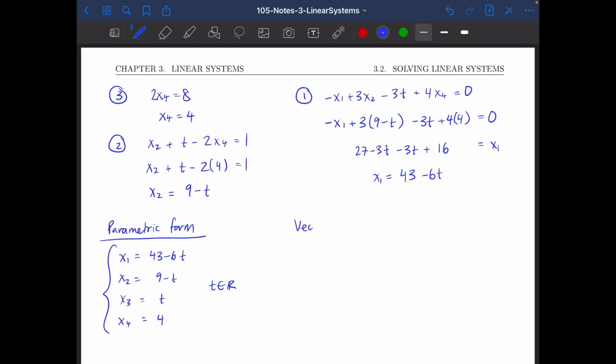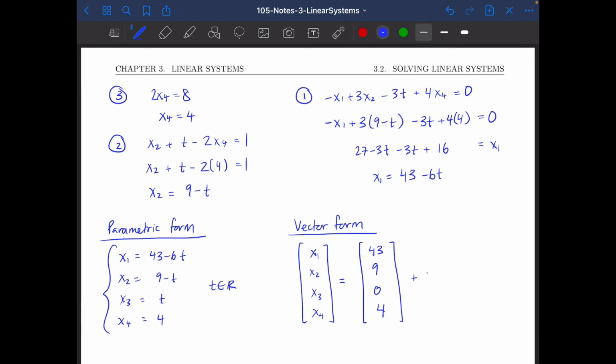And in vector form, we have x1, x2, x3, x4 equals, let's gather all of the constant terms into the first vector. So we have 43, 9, 0, and 4. And let's gather all of the coefficients of t in the next vector. So plus t times minus 6, minus 1, 1, and 0.